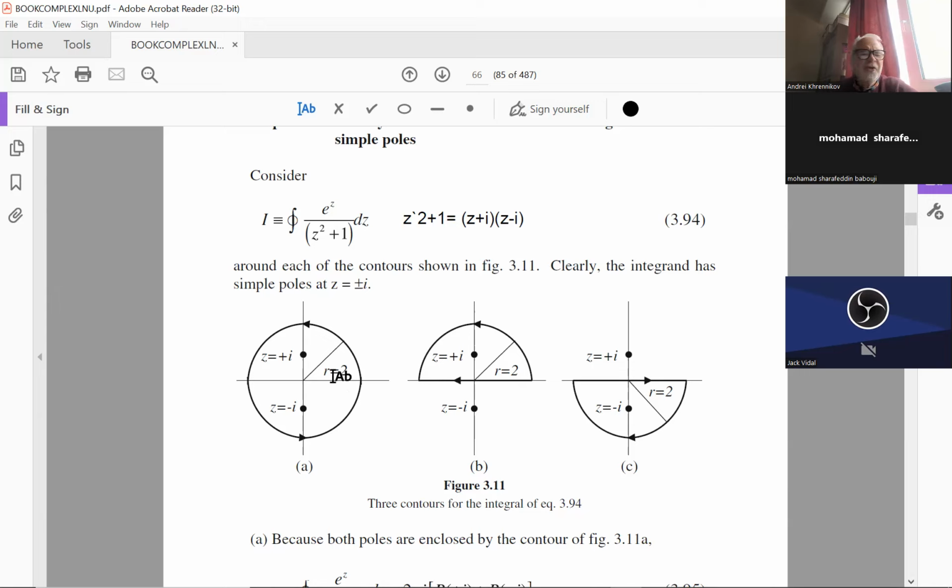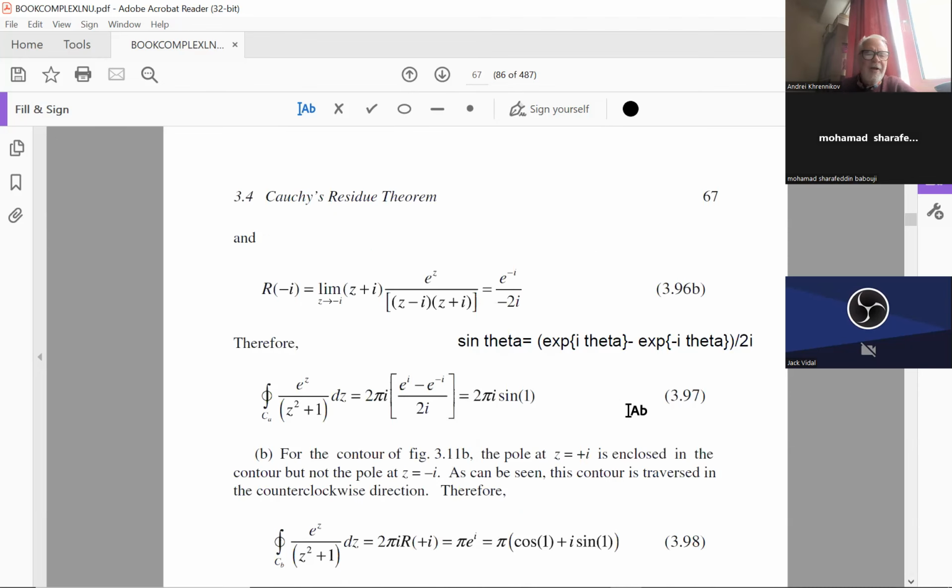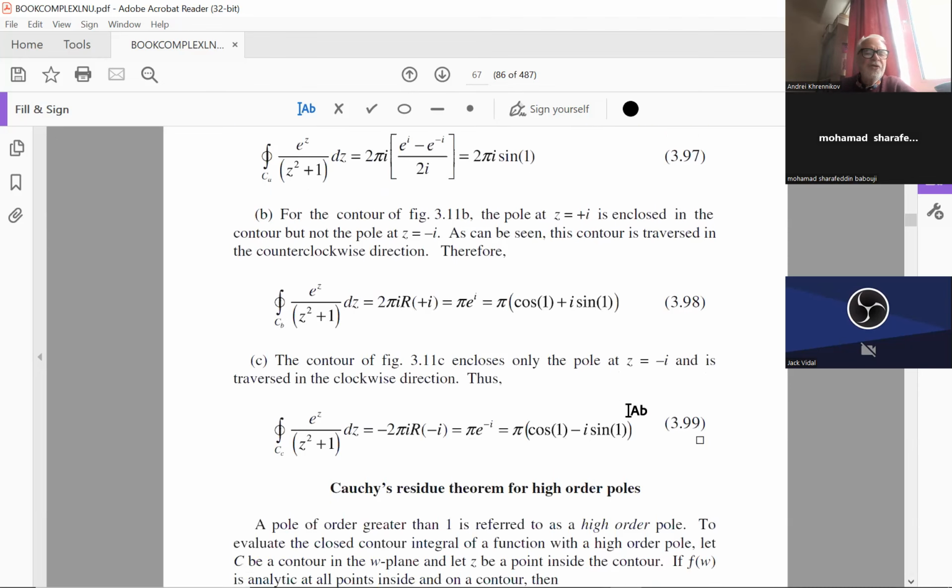They use this to illustrate that this contour can be made from these two contours. If you consider such a contour with the arrow in this direction, it would be just residue here.